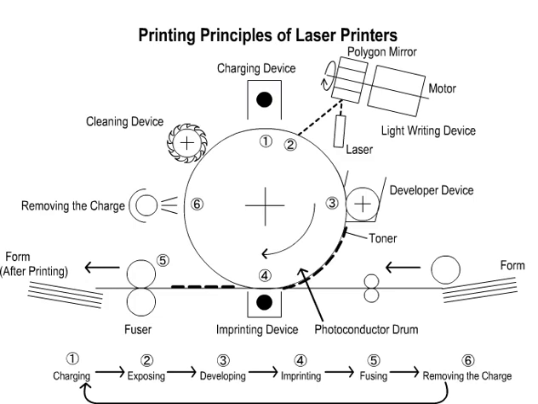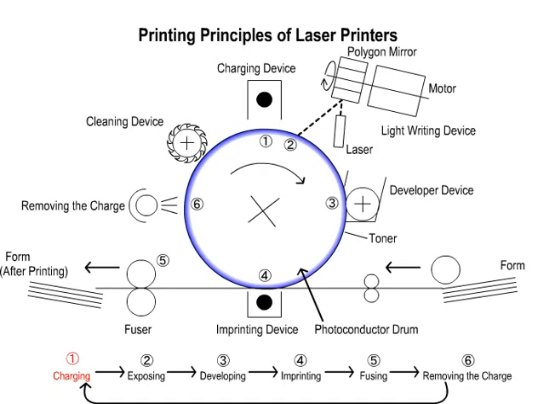The printing principles are shown in the illustration. When an electric charge is passed through a photoconductor drum, it uniformly charges the photoconductor surface. And after applying light corresponding to the data to be printed with the exposure part, the charge for only that part is allowed to escape, creating the image to be printed.